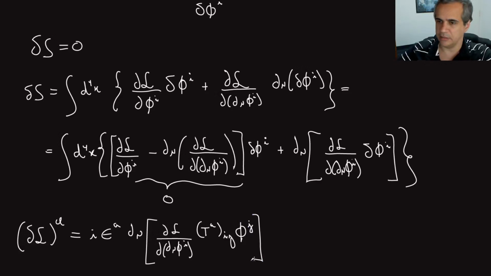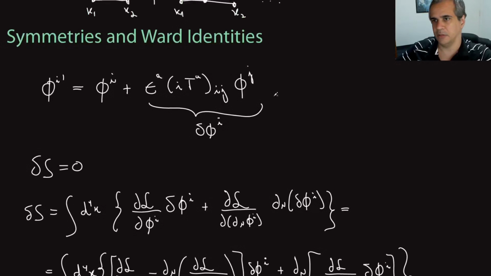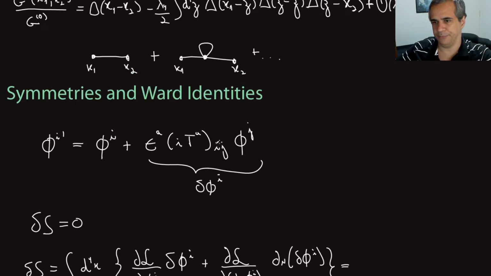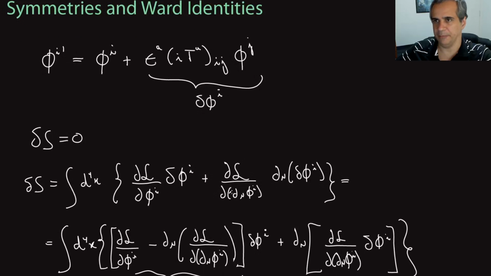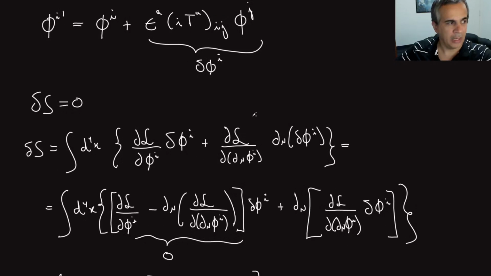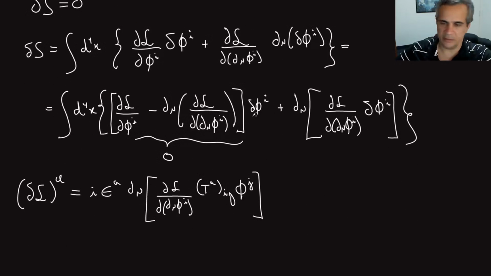In this case, I just used this definition for delta phi I right here. And now this is zero, right? Because the first part is zero, the second part must be zero too, because I'm saying this is a symmetry.